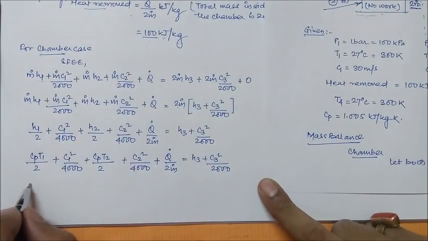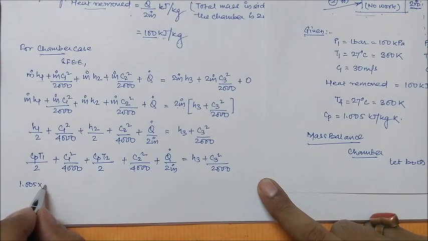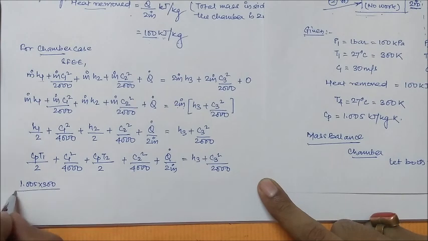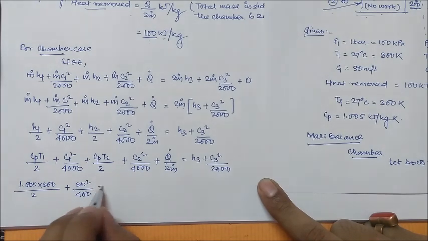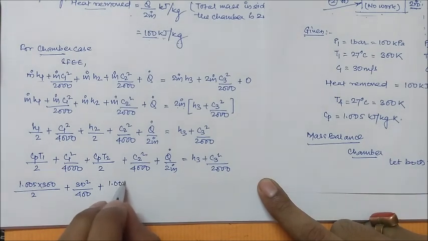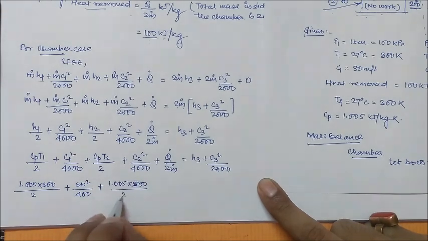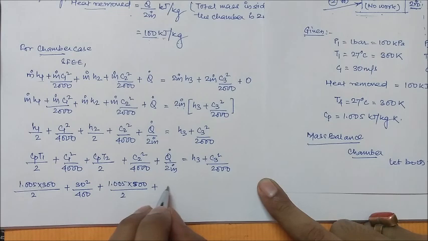So we are just putting the values. 1.005 into T1 is 300 by 2 plus 30 square by 4000, plus 1.005 into 500 by 2 plus C2 is 50 square by 4000, sorry, it is 4000.